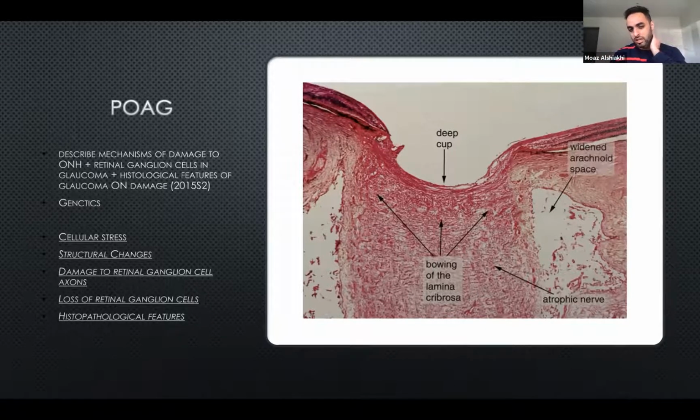I've copied and pasted some of those from the previous presentation, which I think are quite useful, so I don't want to reinvent the wheel. You have to have a really good understanding of this topic, because this is what you will be asked in primary open angle glaucoma. Otherwise, there's not much in terms of mechanisms, but you need to understand the pathophysiology of the glaucomatous optic nerve.